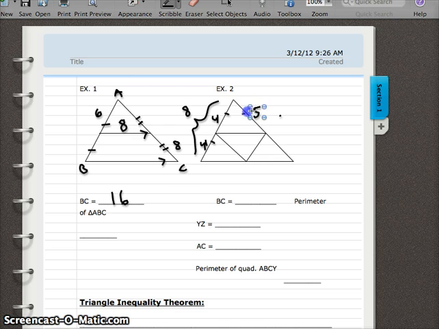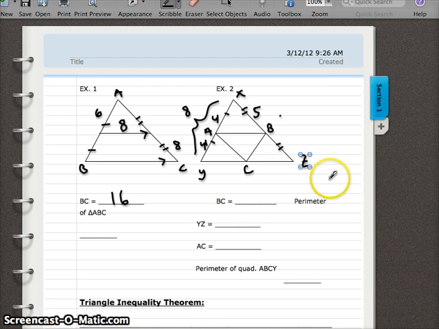Let's say I know that that's 5, and that this is also the same, so again, another scale factor of 1/2. We're going to say this tiny triangle is ABC. The outer triangle here is going to be XYZ.